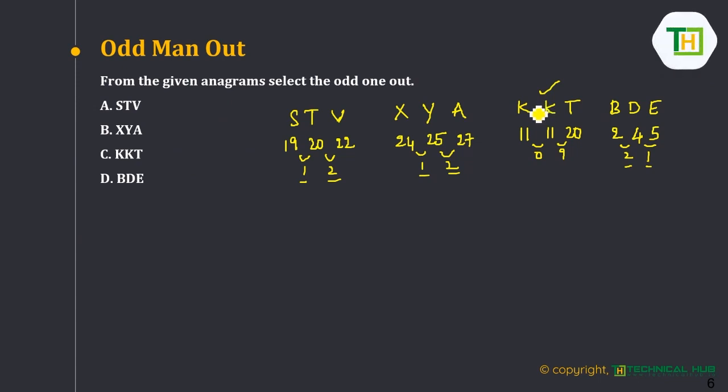Yes, you can say that. So you don't want to consider the order, just consider the value. The difference among the given letters is 1 and 2, irrespective of their order. But here the difference is 0 and 9. So by considering that factor, I can say KKT is the odd one among the four.